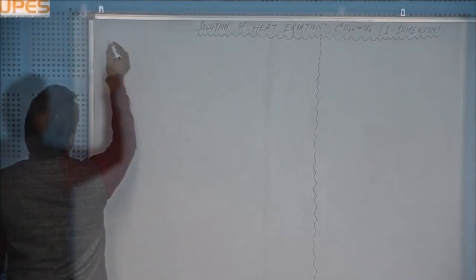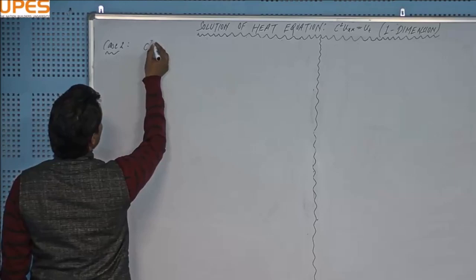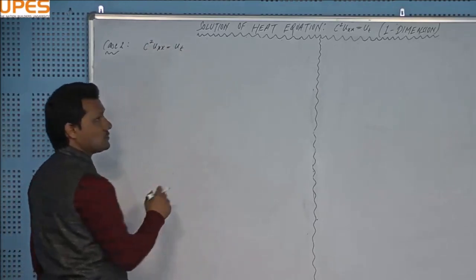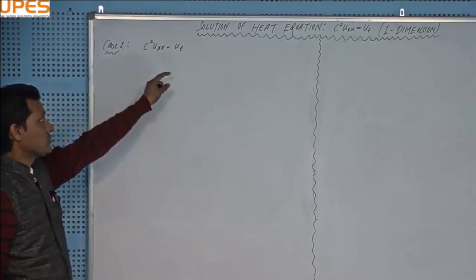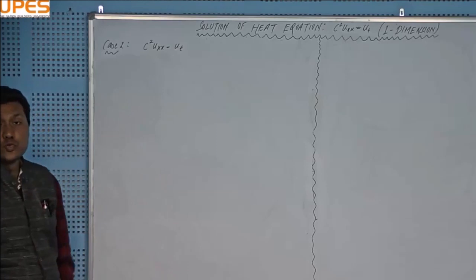Heat equation, case 2. The heat equation is c square u_xx equal to u_t, and you know that c square is actually equal to capital T over rho into sigma, where the symbols have their usual meanings.